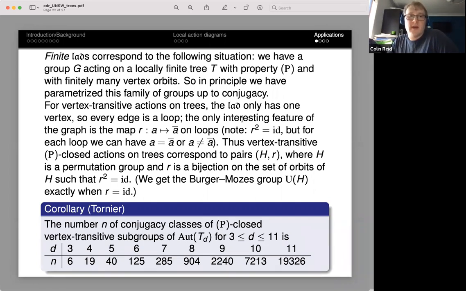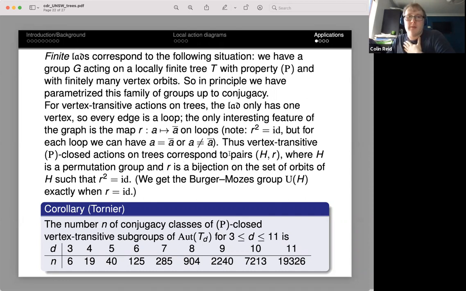And if you have a vertex transitive action on a tree, then the local action diagram only has one vertex. So every edge is a loop. And then the only interesting question is whether the loop is its own reverse or not. So you have this edge reversal map on loops.